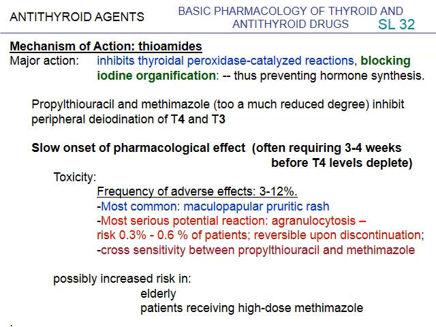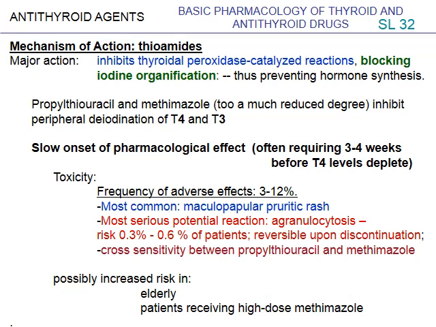So propylthiouracil and methimazole, although to a much reduced degree, inhibit peripheral deiodination of T4 as well. So these drugs are both also capable of blocking peripheral 5' deiodinase.